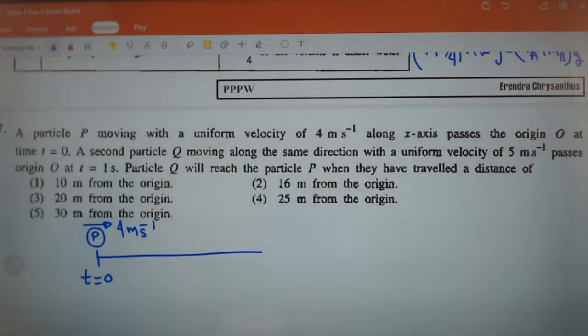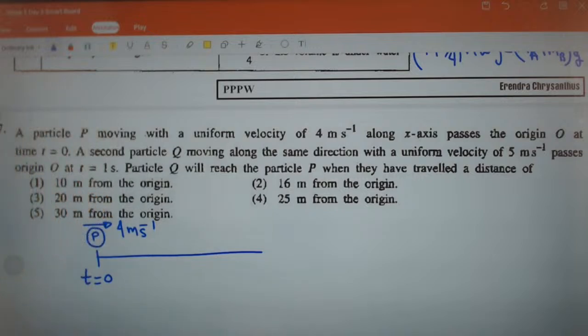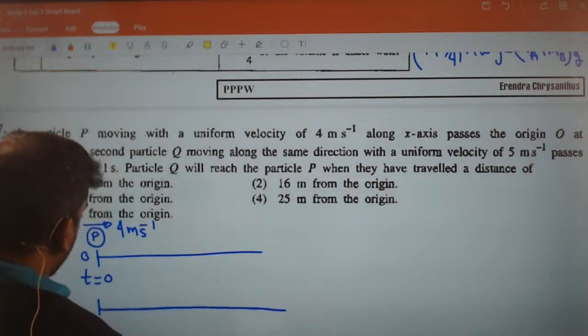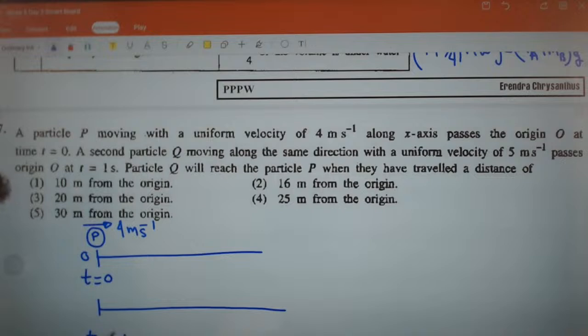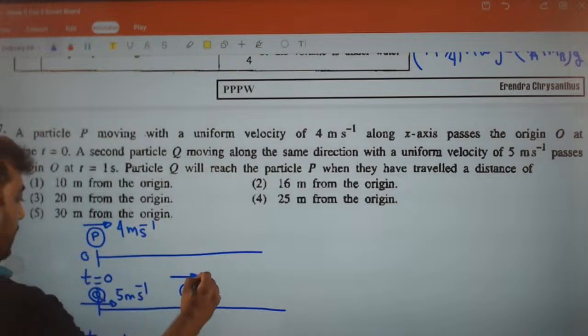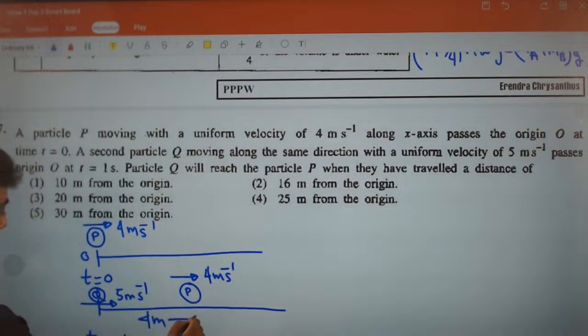A second particle Q moves along the same direction with uniform velocity 5 and passes the origin O after 1 second. After 1 second, P has already gone. At t equals 1 second, Q is passing the origin with 5 meters per second. In 1 second, P has already traveled 4 meters, since 4 meters per second means it has gone 4 meters.